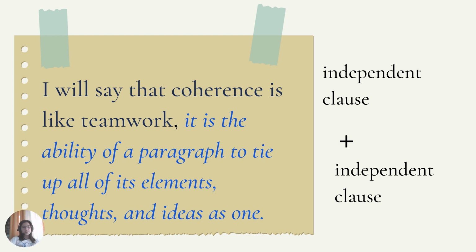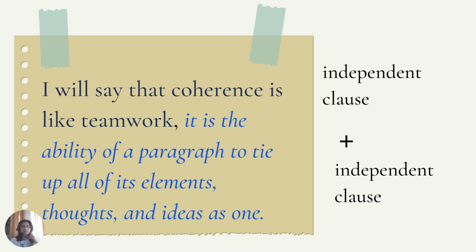In the example sentence, the second independent clause in blue, "it is the ability of a paragraph to tie up all of its elements, thoughts, and ideas as one," we can look at as a modifier to the first independent clause, "I will say that coherence is like a teamwork." In some way, it tells how coherence works like a teamwork.